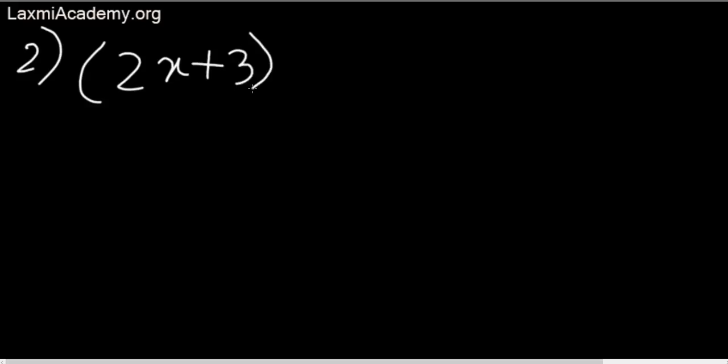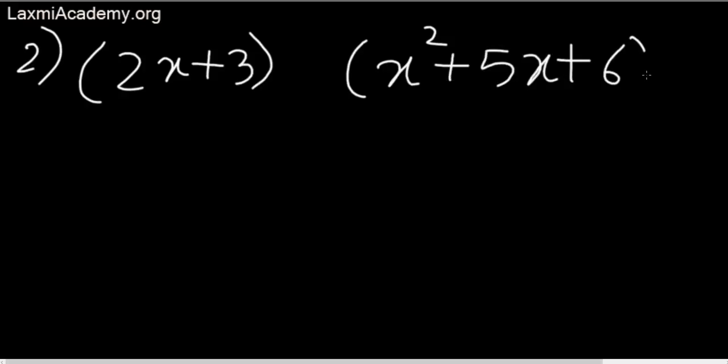Now let's see one more example, and we're going to do it directly, finding the answer directly. Let me take (2x + 3) times (x squared + 5x + 6).